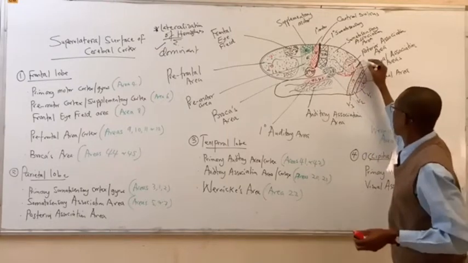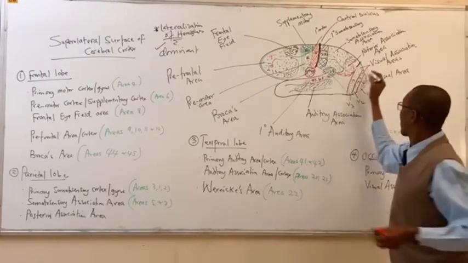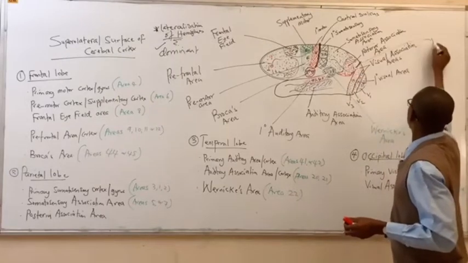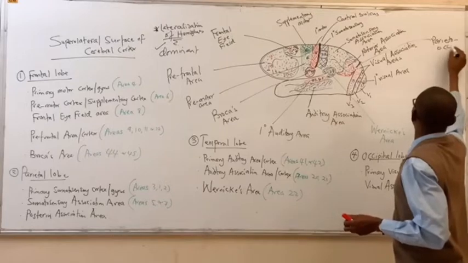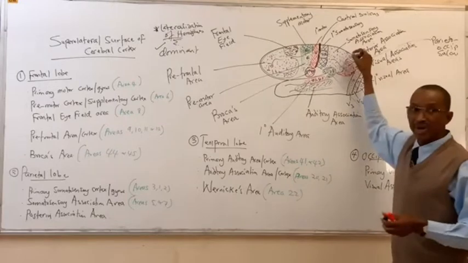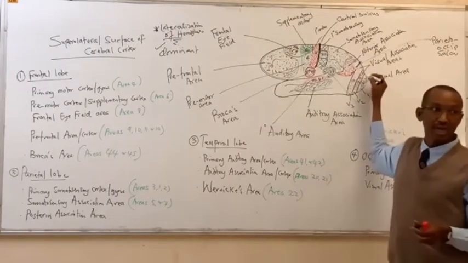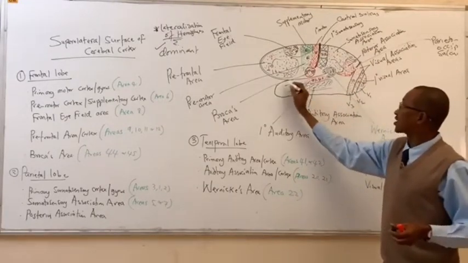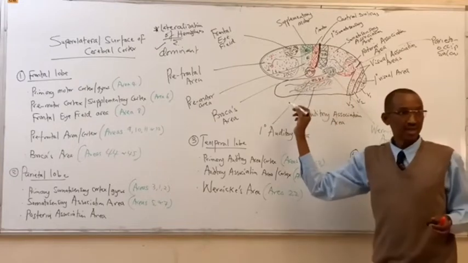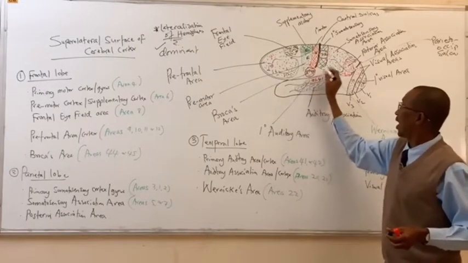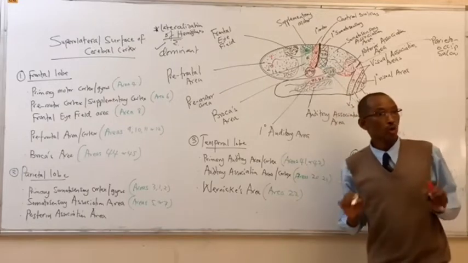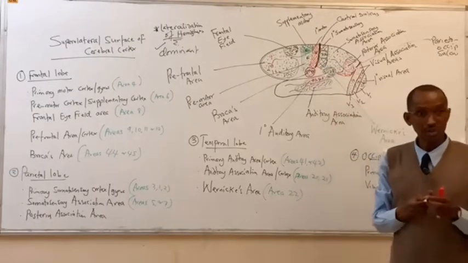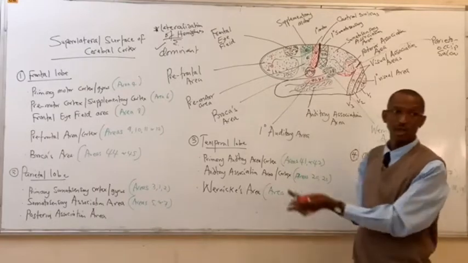That is our what? Parieto-occipital sulcus. This parieto-occipital sulcus demarcates the parietal lobe from the occipital lobe. And our lateral fissure or sulcus demarcates the frontal lobe and some part of the parietal lobe from the temporal lobe. So now we've seen all our four lobes. This is just trying to recollect what we have said before.